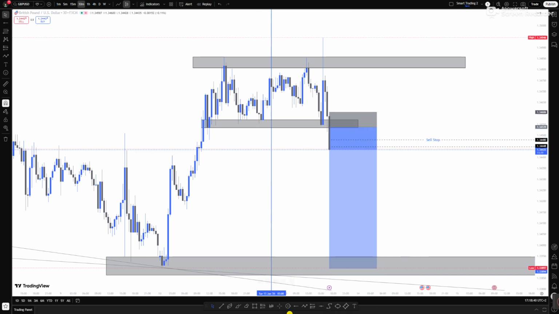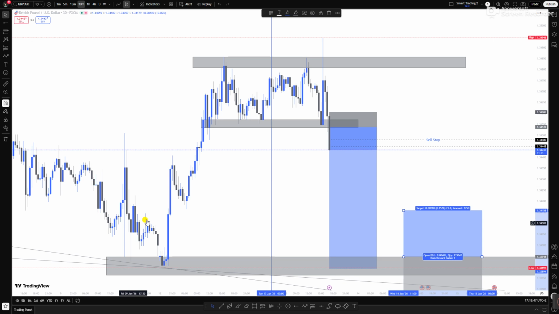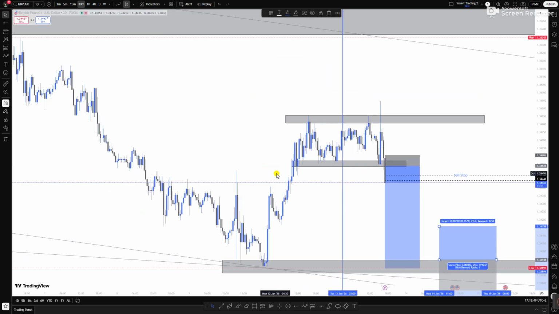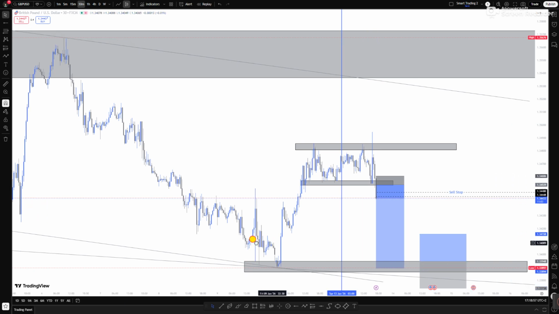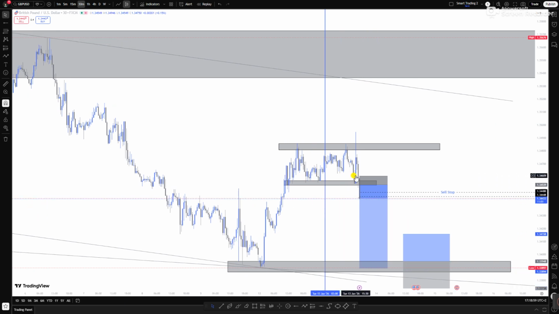Then remember, I said we're looking for W. Then right over here, we're gonna be looking for another W. Remember, before we got the big W, we got this smaller W, which gave us our first touch on the bottom. So what are we expecting?